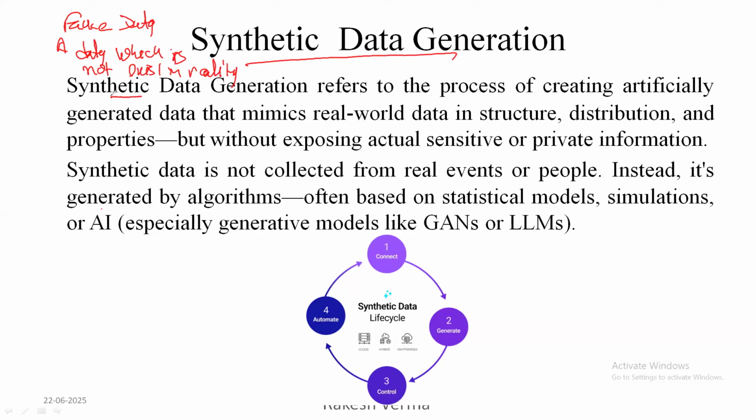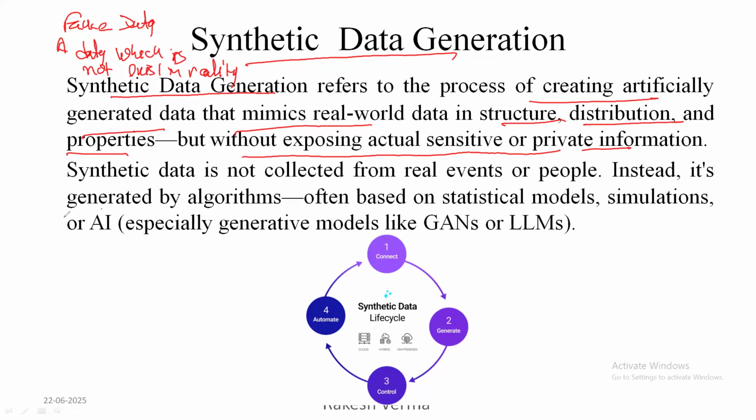So when we talk about synthetic data generation, basically it is a process of creating artificially generated data that mimics real-world data, which looks like real-world data in structure, distribution, and properties, but without exposing actually sensitive or private information. That means they are not exposing the sensitive or private information of a specific person or organization.